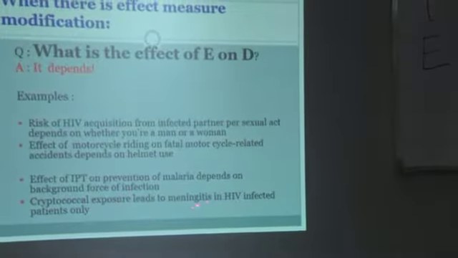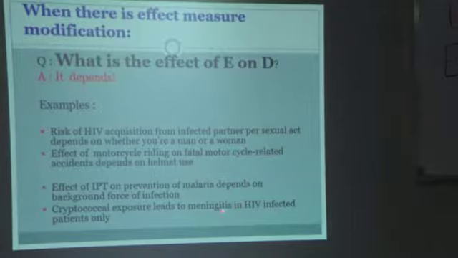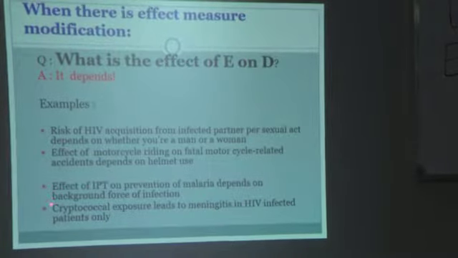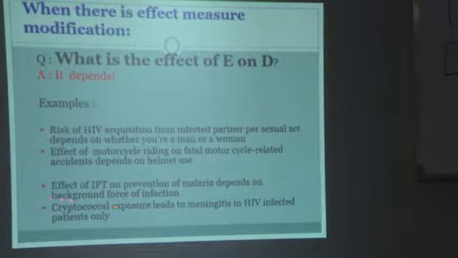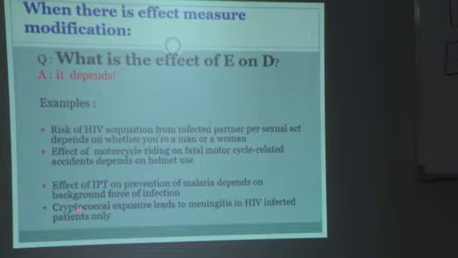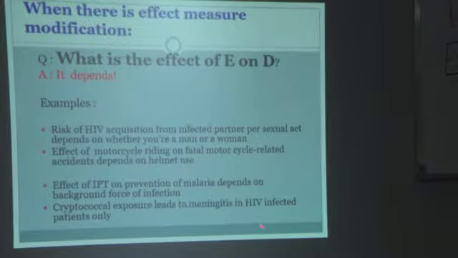Take cryptococcal meningitis: being exposed to this small yeast and getting meningitis because of it. What is the chance that when this yeast, Cryptococcus, gets into your bloodstream, into your system, you're likely to get meningitis? The answer is it depends on your HIV status. If you're HIV infected, you're likely to get that meningitis, a very high risk.